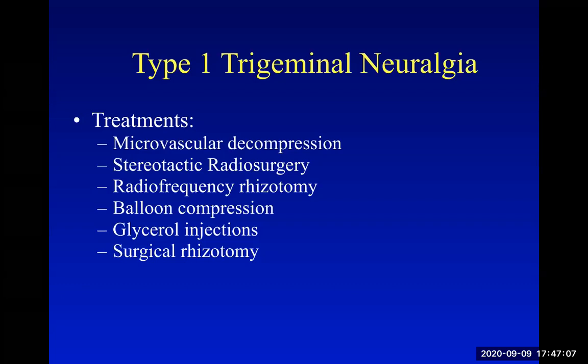Now, I often use the patient's response to medication as an important clue in terms of whether they have type 1 trigeminal neuralgia. Why would that be the case? We know that with type 1 trigeminal neuralgia, the patient should respond in nearly all circumstances to the pain medication, meaning that they should have improvement in their pain.